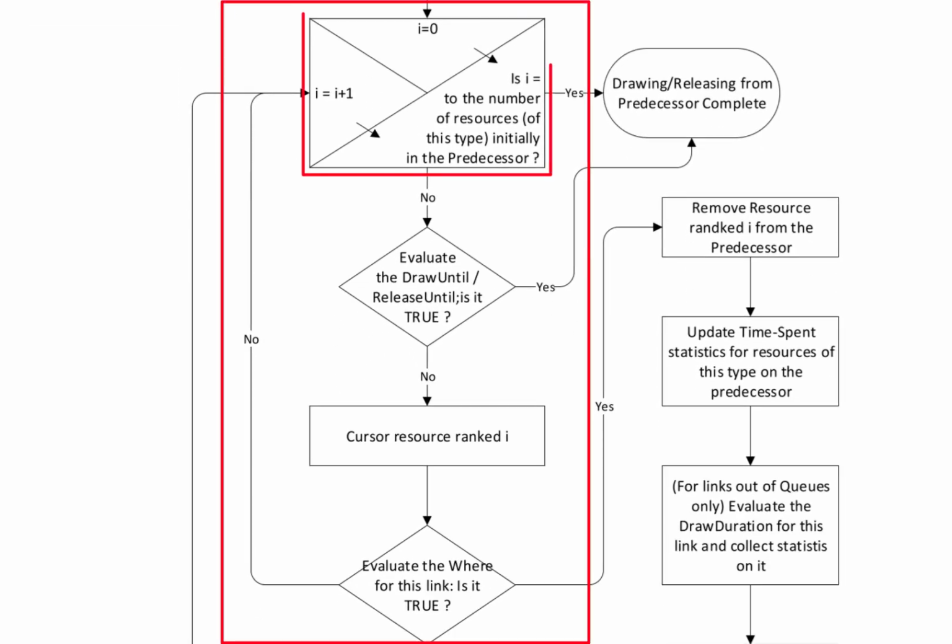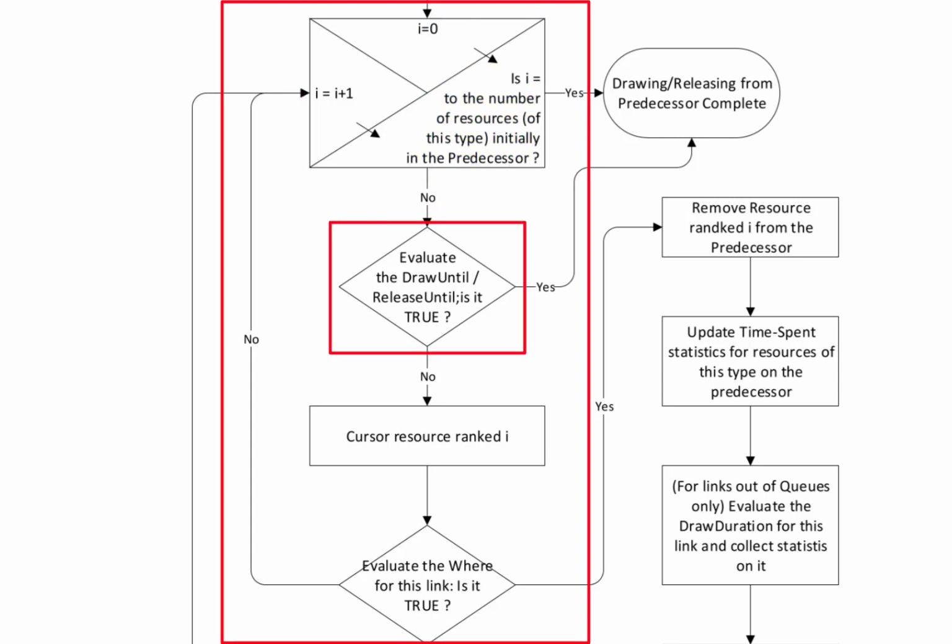This begins a loop which is controlled by index I. I is set to 0, and then it is checked to see if it is equal to the number of resources of this type which are initially in the predecessor. If they are not, then Stroboscope evaluates the draw until or the release until.